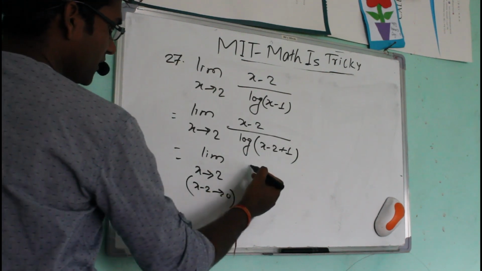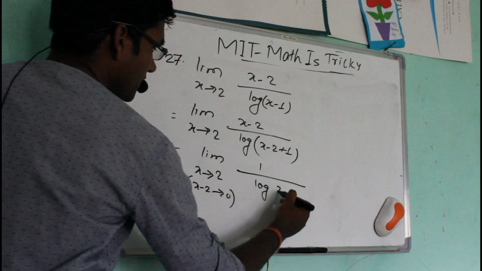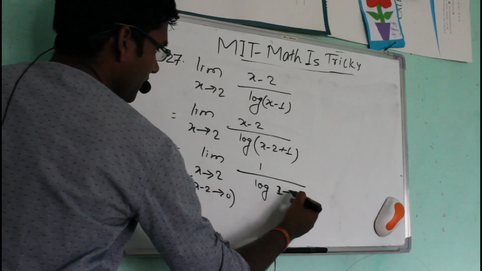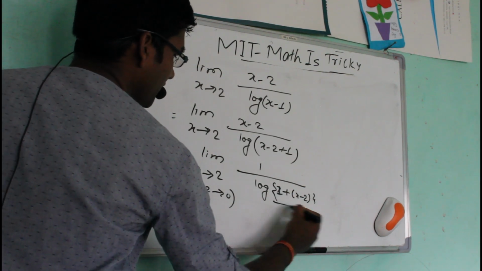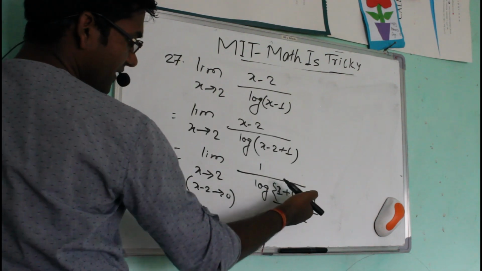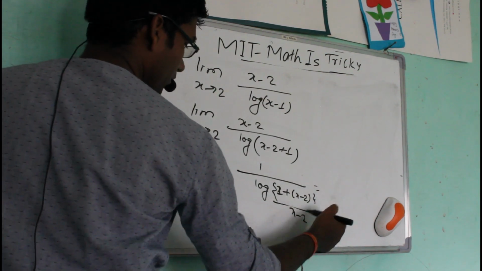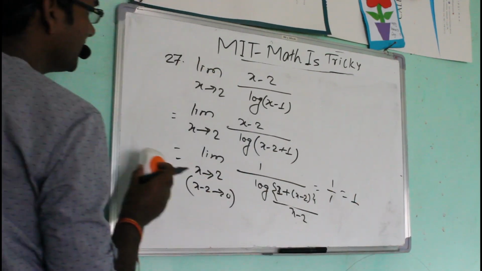Okay, don't worry about this. So 1 by, we can write log (1 plus (x minus 2)), and then the whole divided by (x minus 2). It is in the form log (1 plus x) by x, so it will give 1. So 1 by 1 is your answer, 1. This is our final answer.